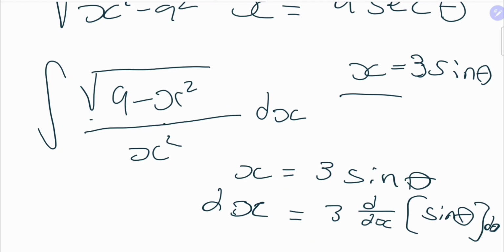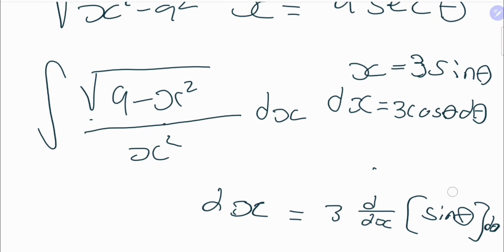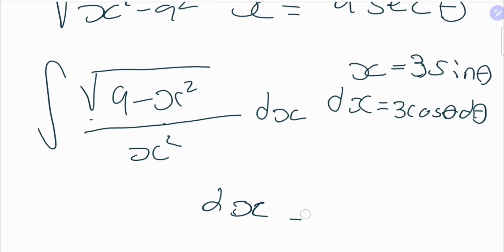So dx is equal to 3 times the derivative of sine theta, which is cosine theta. So 3 cosine theta d theta. Great. At this point we can begin our substitution.